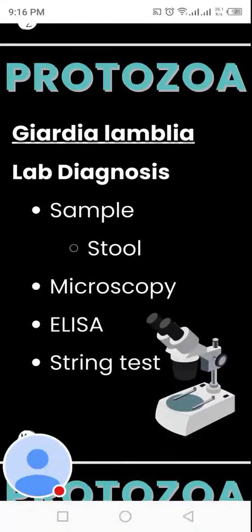If these tests are negative, but the patient has certain symptoms, then we'll go for the string test, which consists of swallowing a weighted piece of string until it reaches the duodenum. The trophozoites adhere to the string, and can be visualized under the microscope after the string is withdrawn.